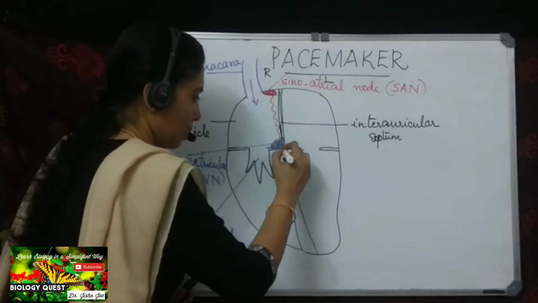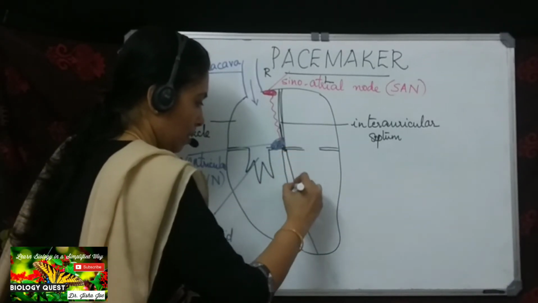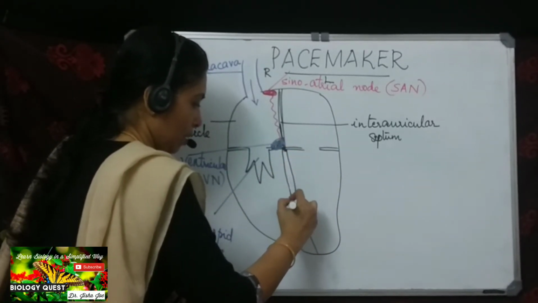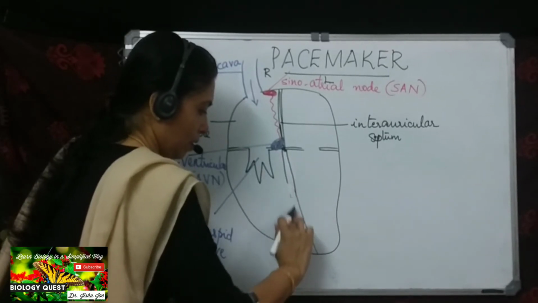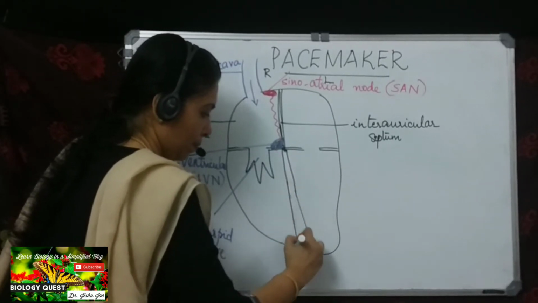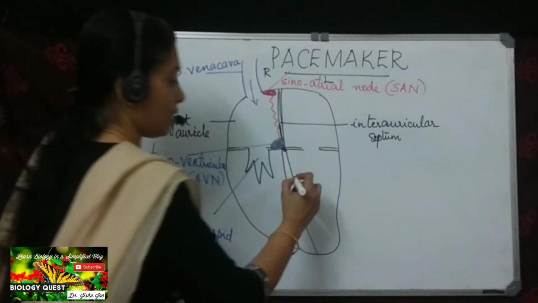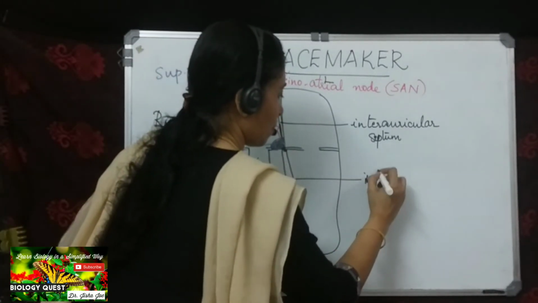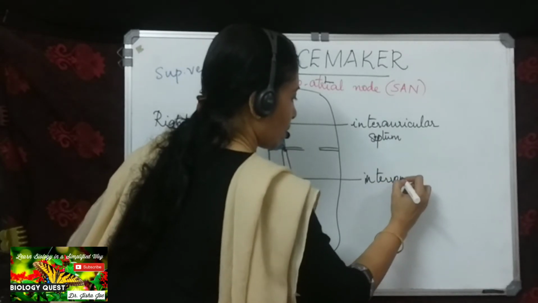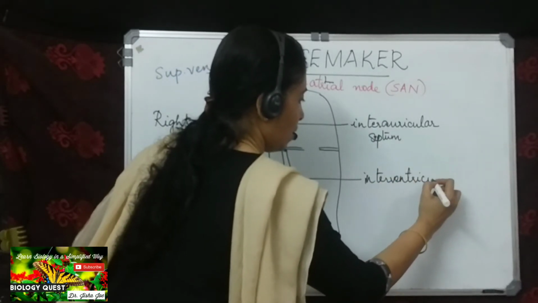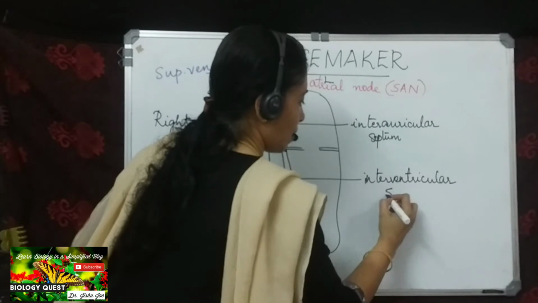This is the interventricular septum, isn't it? The septum which separates the two ventricles is the interventricular septum.